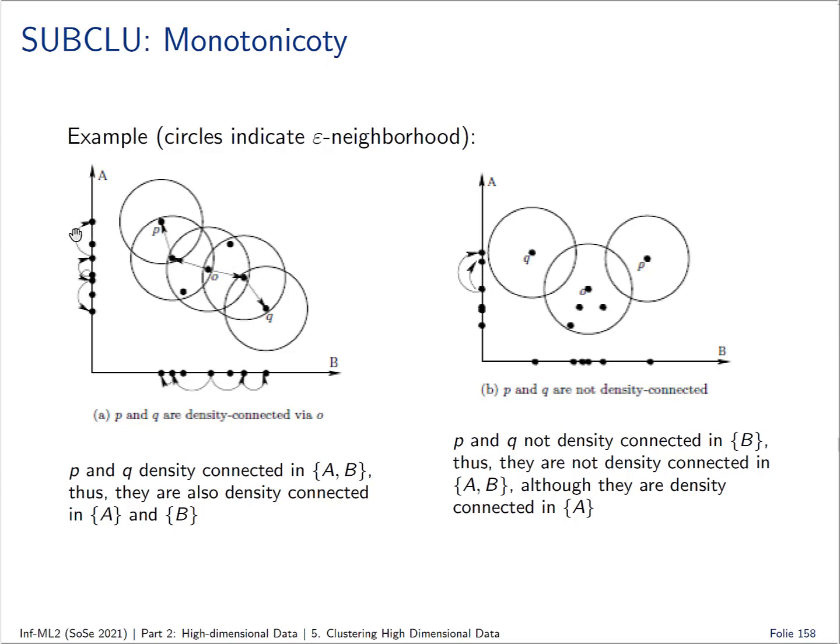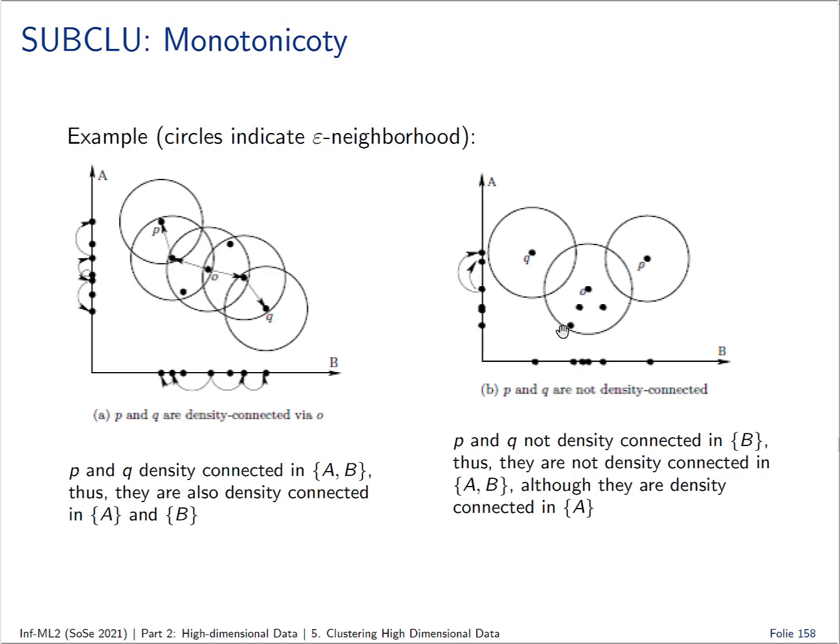So if P and Q are density connected via some other objects in a higher dimensional subspace, they are also in their lower dimensional projections. The other way around, if P and Q are not connected here in a one-dimensional projection, they cannot also be connected in a higher dimensional projection or a higher dimensional superspace of this lower dimensional projection here.